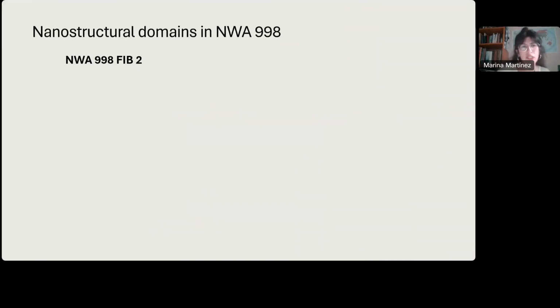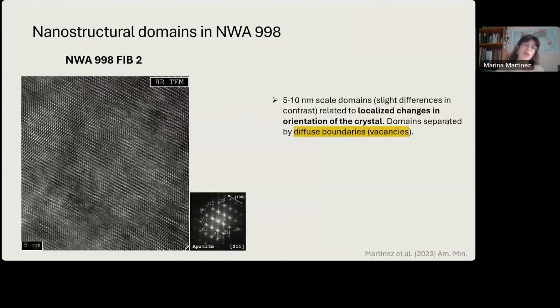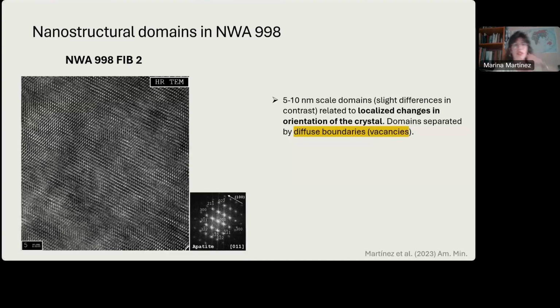FIB2 is the most interesting one because we also see these 5-10 nanometer scale domains, as we saw in FIB1. Basically it's due to changes in the orientation of the crystal, and also we have these boundaries that are diffuse and the location of vacancies, but we also saw that there's undulosity in the A direction, which is a pretty interesting observation that's not been observed before in any other crystal.